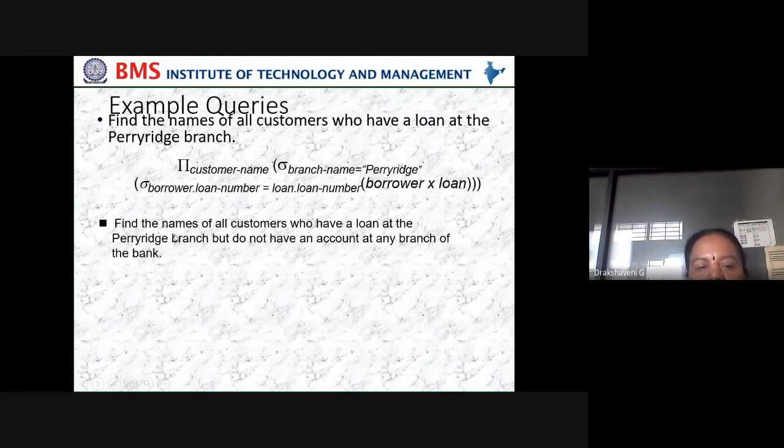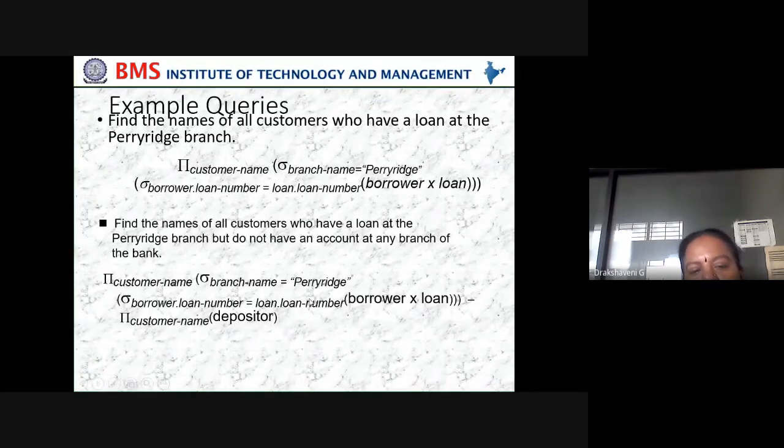Next is find the names of all customers who have a loan at a Perryridge branch but do not have an account at a branch in the bank. What it says is that they should have a loan in the Perryridge branch, but they should not have an account. So what we do: first select the people whose branch name is Perryridge. Then we have to use minus, right?